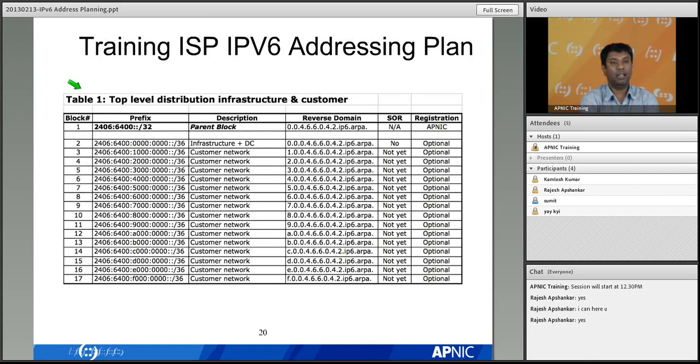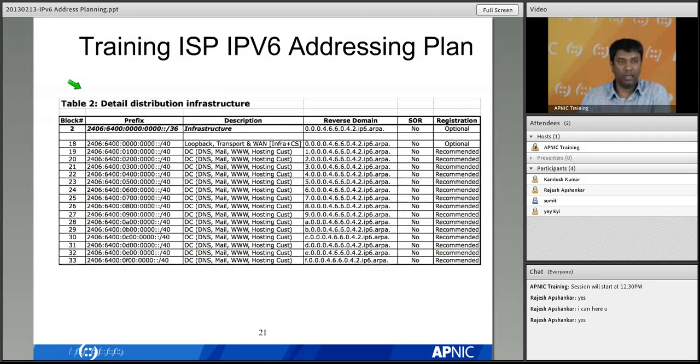Another guideline, if you have a data center which is also growing, a public hosting data center. In a public hosting data center, what can we do? We have a /32, we create a number of /36s, right? So the first /36, which is block number 2, can be used for our infrastructure plus the data center, where the data center is growing, and the other blocks go to the customer network. Let's have a look at block number 2, how we can cater to the data center. We can further subnet it, on a /40.